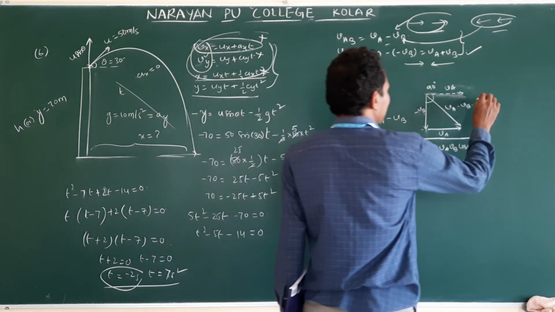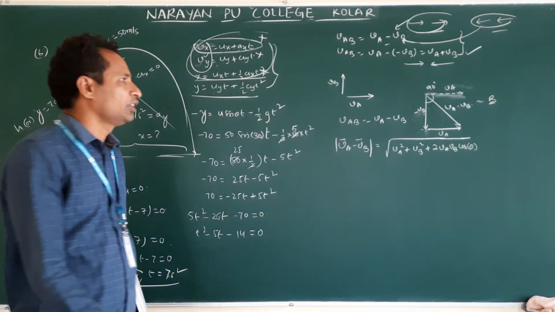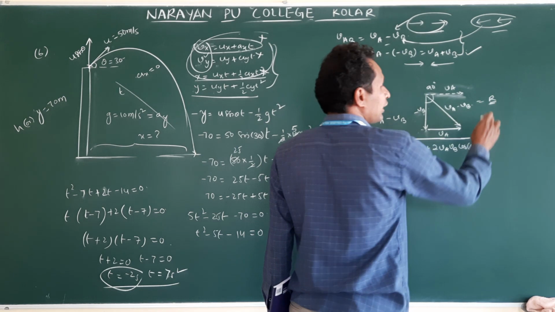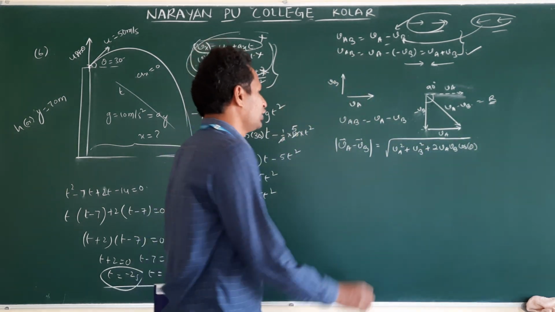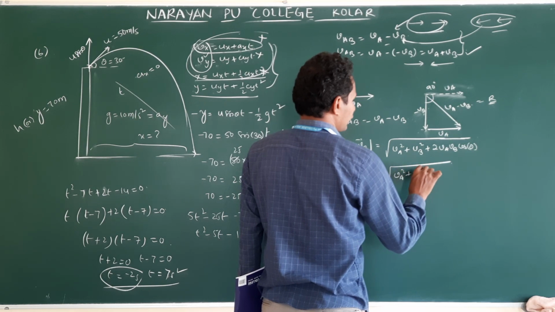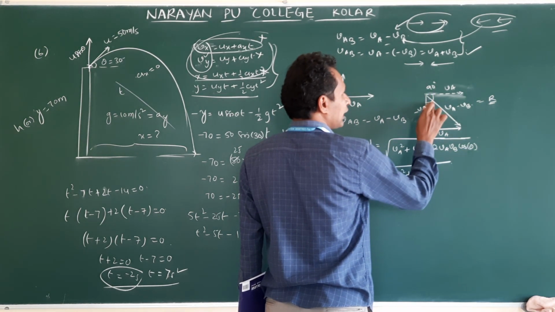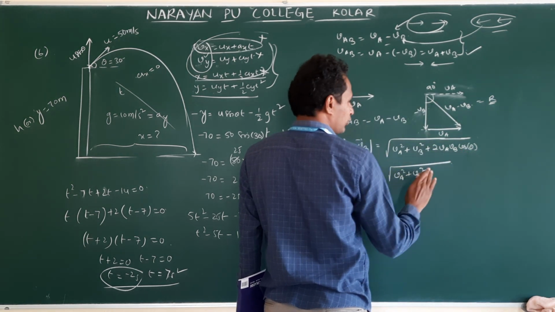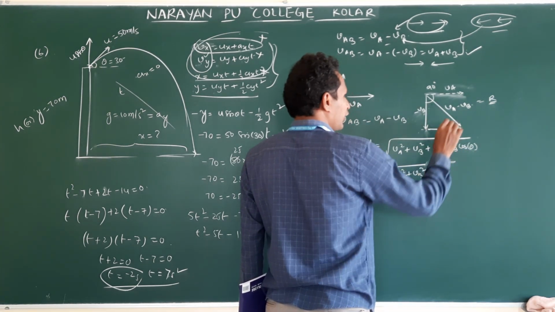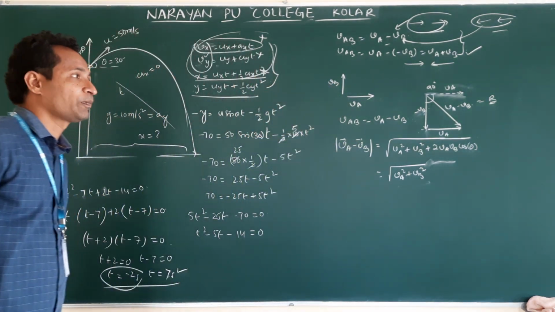This is actually the resultant vector formula, which we already derived in our general discussion. So this will be under root of VA square plus VB square. What is cos 90? 0. So the magnitude of this vector will be root of VA square plus VB square.